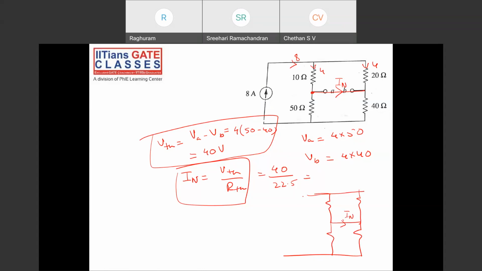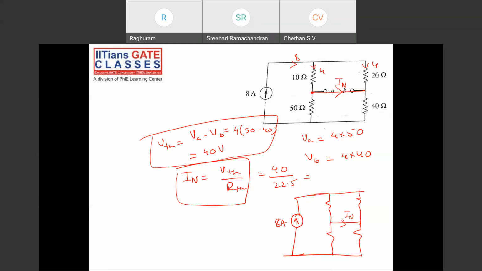So it's always better to find the dual of the network sometimes and do the solution. Where can you apply the duality principle? It's an example. Even in transients, it's always easier to apply duality.